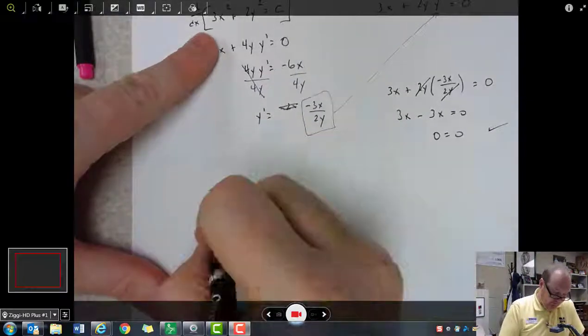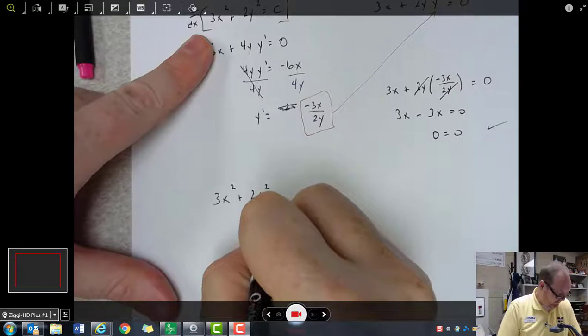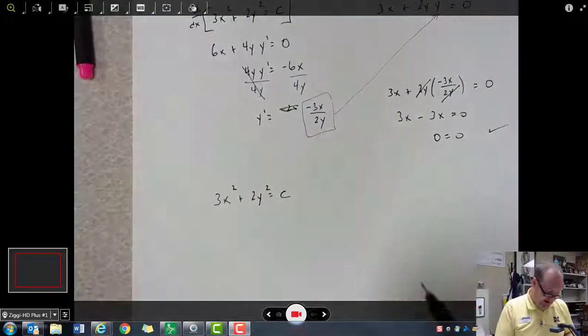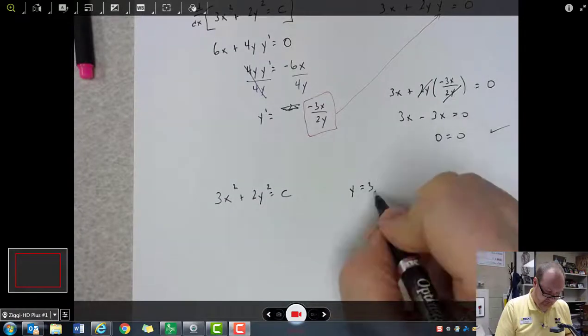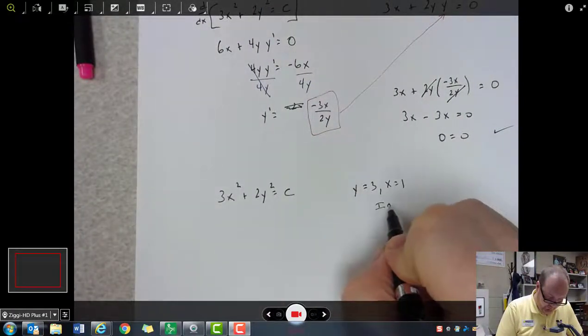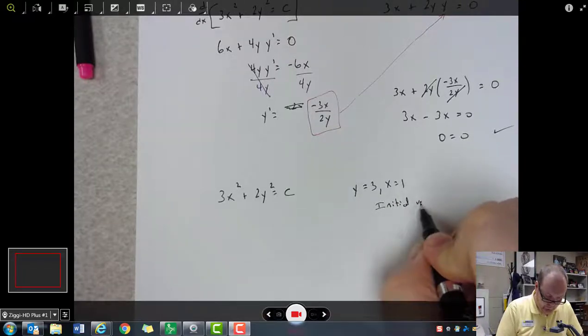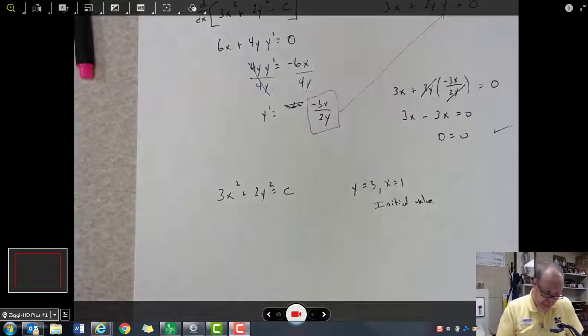So then let me use the next part. The next part of that says, okay, whenever y is 3, x is equal to 1. So we call that an initial value problem, and y'all, it can come in lots of forms.